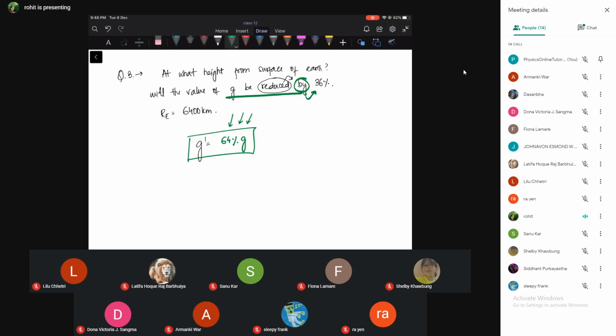Or let me just say it like this: g becomes 64% of g value, g prime, at a certain height. Indirectly, I can tell you the value of g has reduced by how much percent? You can tell me now by looking at this.